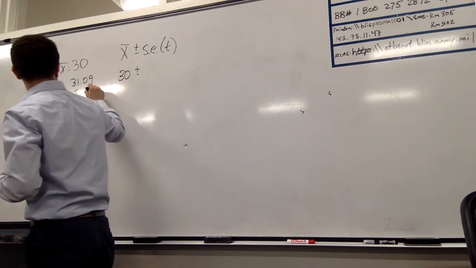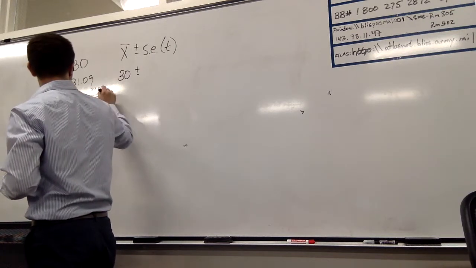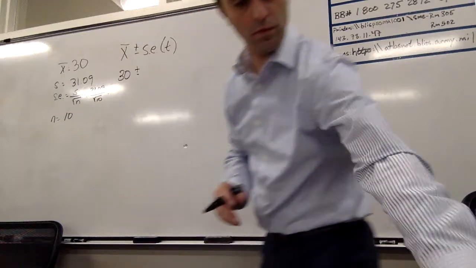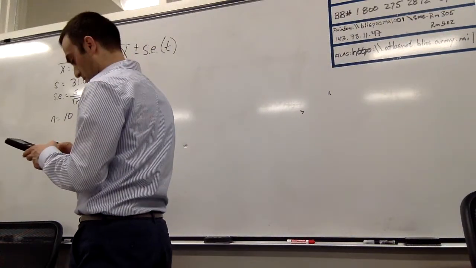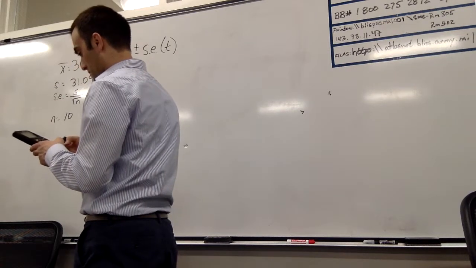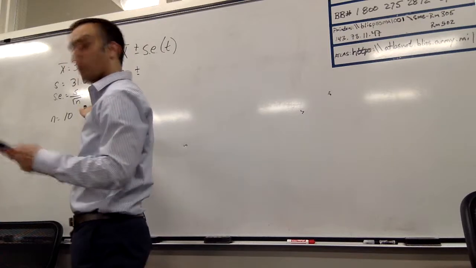So the standard error would be 31.09 over the square root of 10, which was, I think, 3.16. So you're going to have 31.09 divided by 3.16.